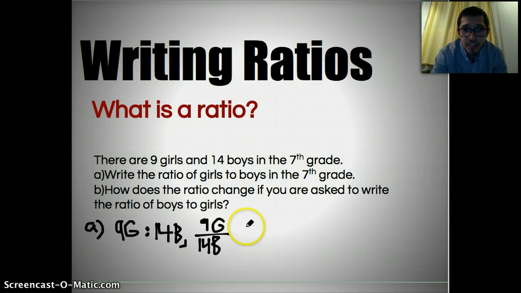Now, let's go to B. How does that change if the question is worded differently, boys to girls? Well, basically you flip it.